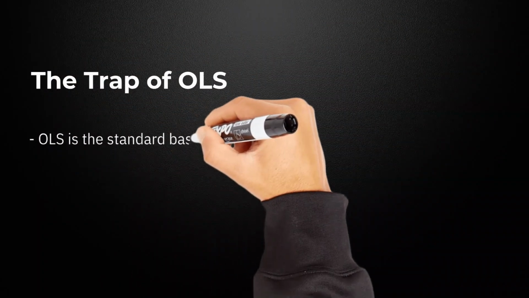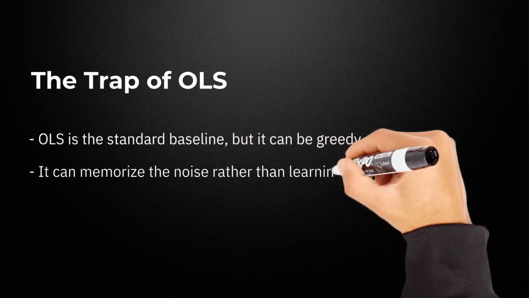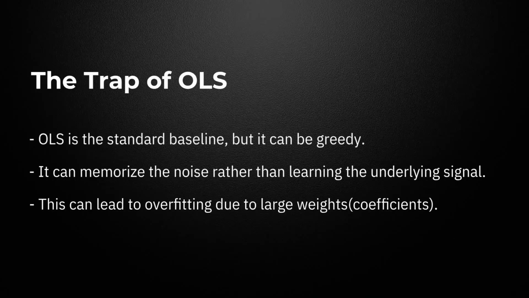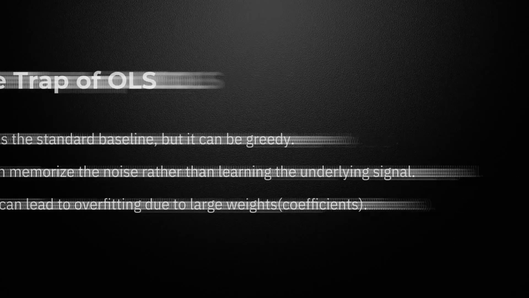So, putting this together, OLS is a fantastic starting point. It's simple, it's interpretable, and it's great for baselines. Overfitting happens when the model memorizes the noise instead of learning the true pattern, and that may result in huge, unstable weights.